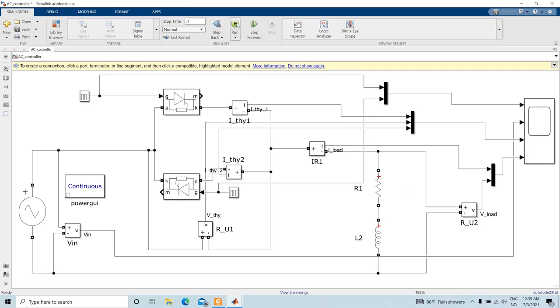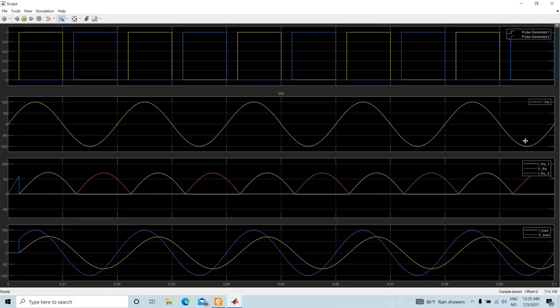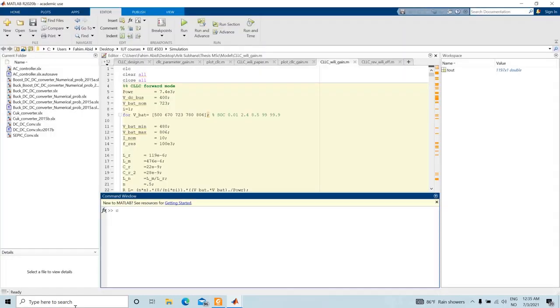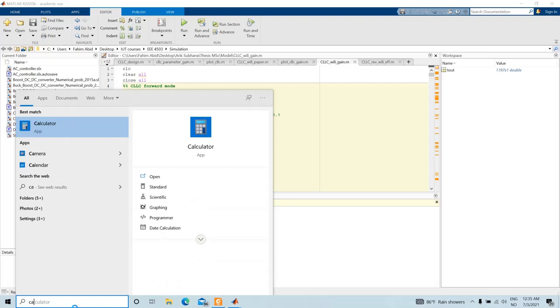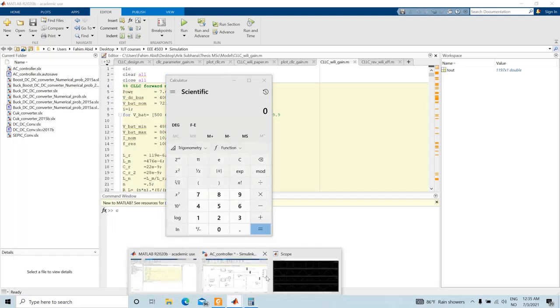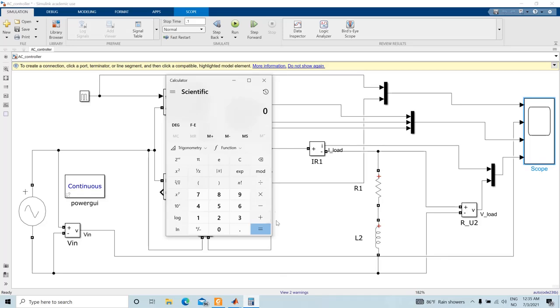Now see what happens here. In this particular case, our theta is 45 degrees. In terms of time, 360 degrees corresponds to 20 millisecond.